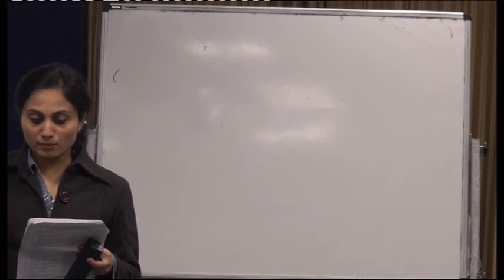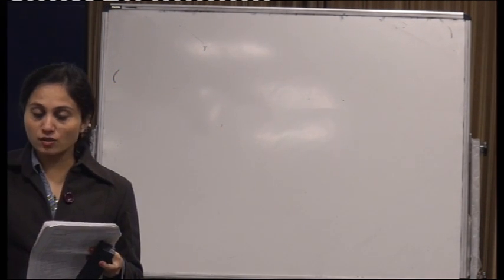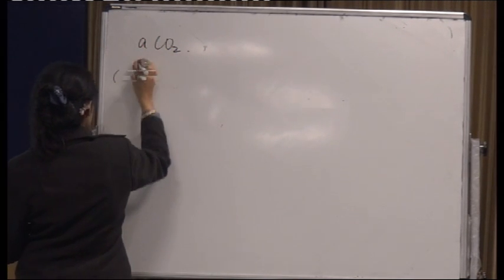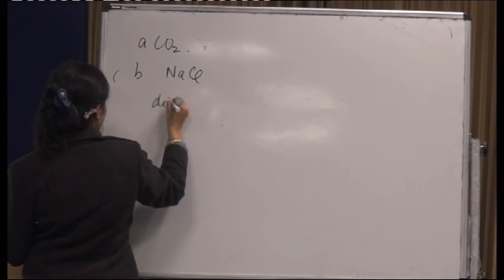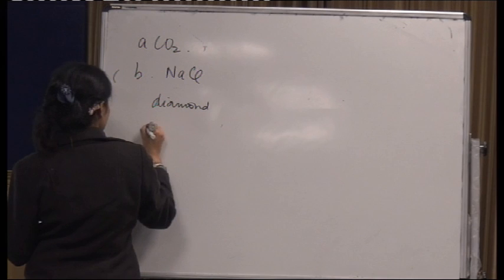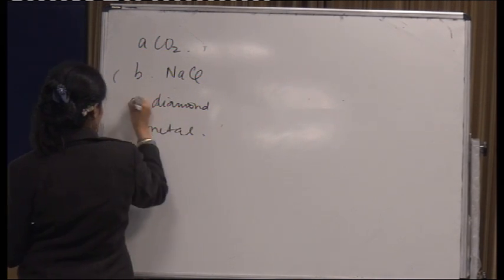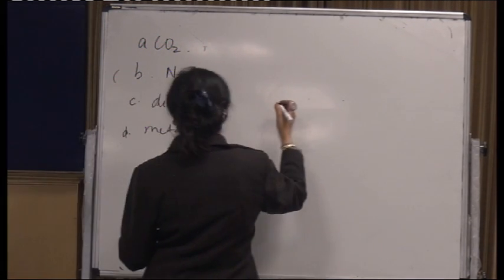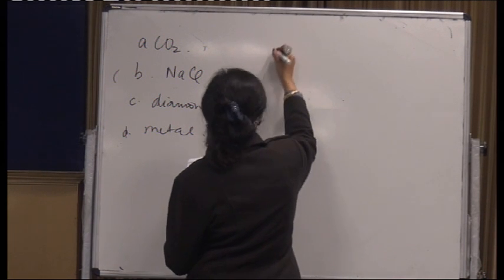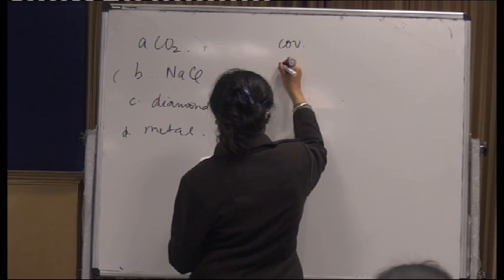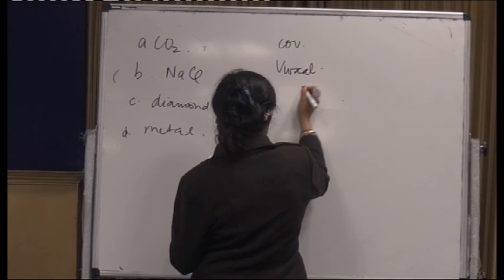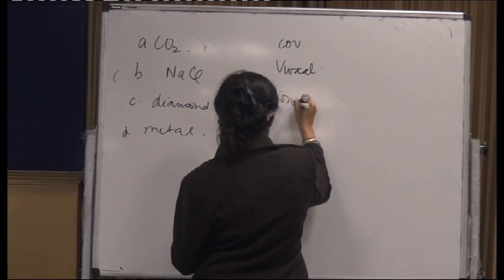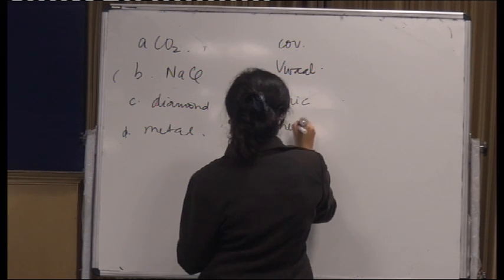Just think about the bonding. You have to tell which of them is covalent, which has van der Waals forces, which of them is ionic and which of them is metallic.